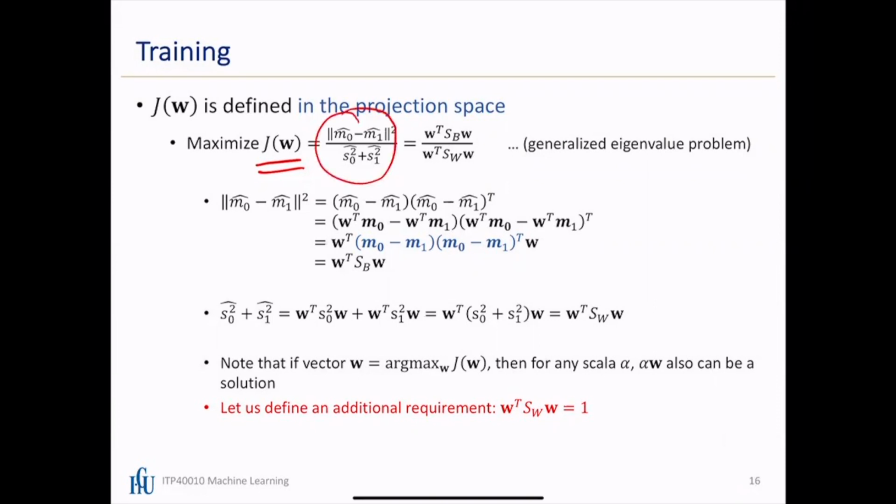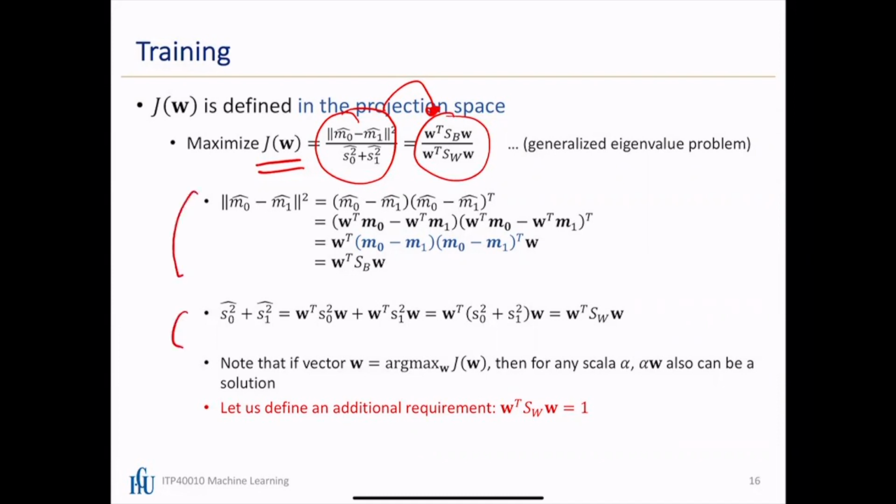Everything is the same. We measure the difference between the means and the variance from each different class, and we make the same ratio. To tell you the conclusion first, things are rewritten in this simple form: W^T S_B W over W^T S_W W.